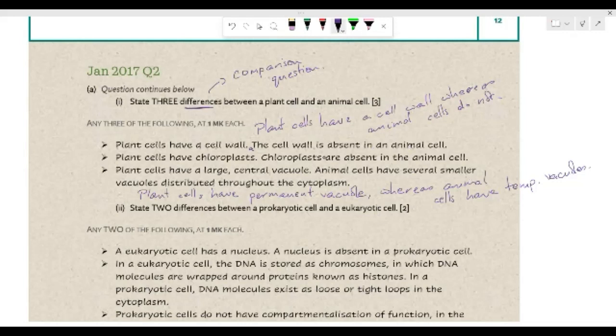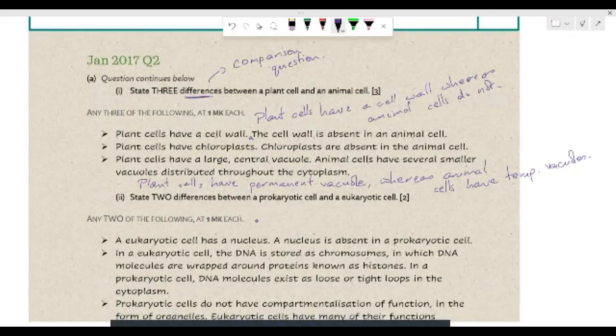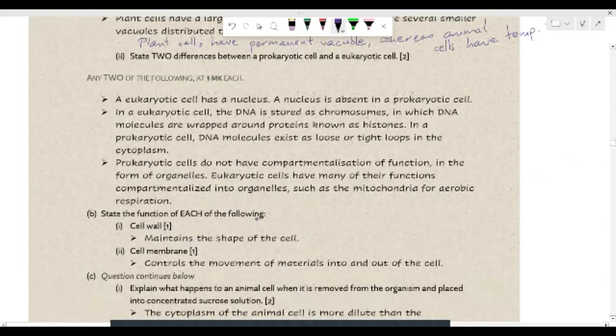Then we have differences between a prokaryotic cell and a eukaryotic cell. Now, thankfully, this is as far as we go with prokaryotes and eukaryotic cells at CSEC level. Of course, we will go much deeper into it at CAPE level, right? You just need to know the differences between them, right? A prokaryotic cell would essentially be your bacteria, right?